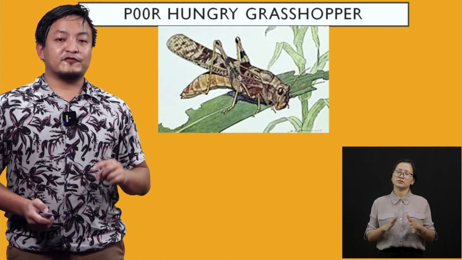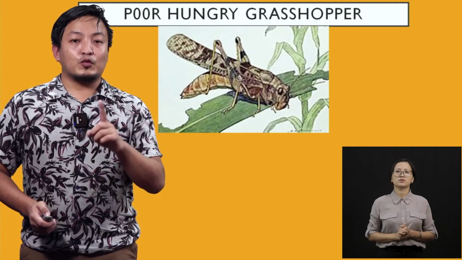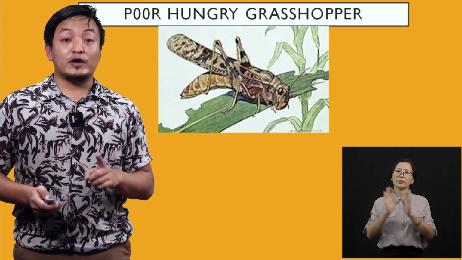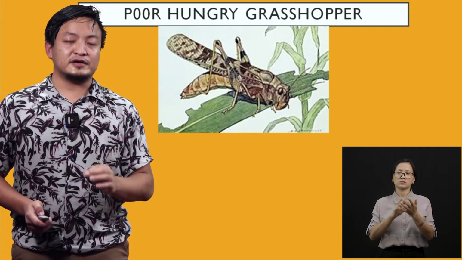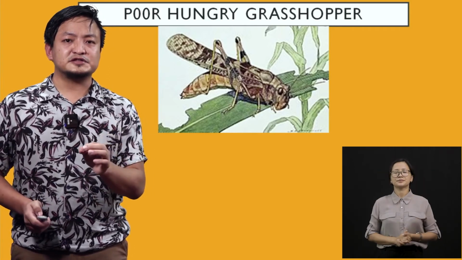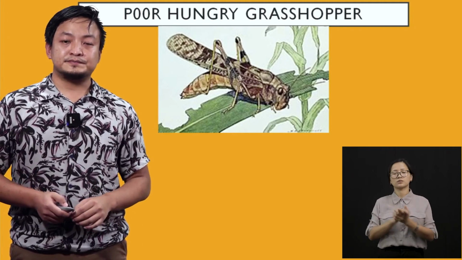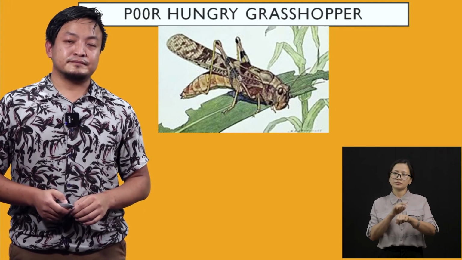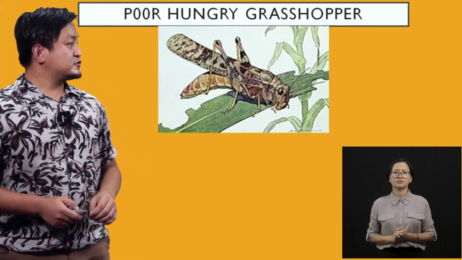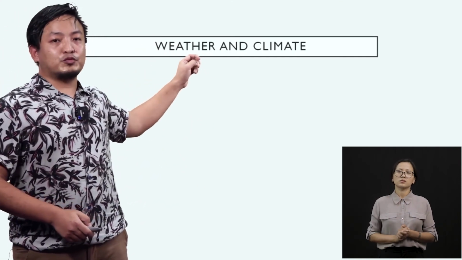But students, from here we have learned about weather, right? So weather is the condition of air at a particular place for a short period of time. Now students, here we have learned about weather.